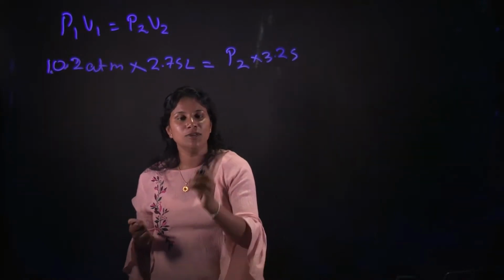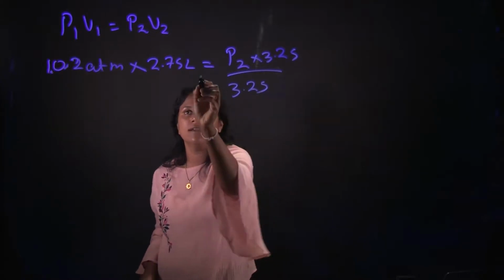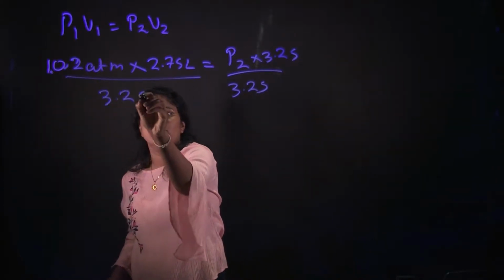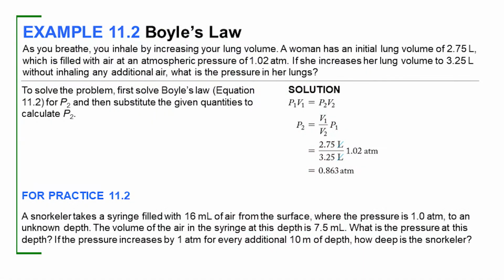The only thing is you need to identify the terms. So you divide both sides by 3.25, and you can find the answer. I have the answer in this slide. You multiply 1.02 by 2.75 and divide by 3.25, and you see the answer here. So this is the answer for this Boyle's law question.